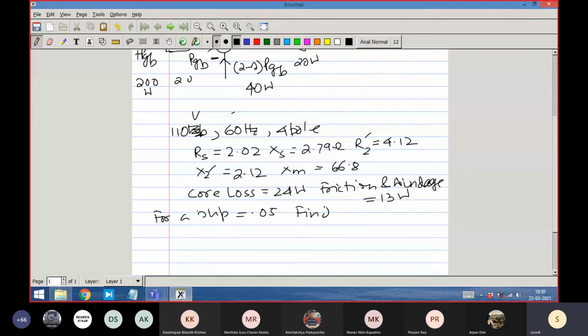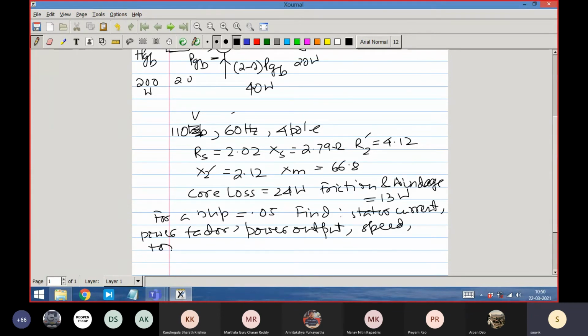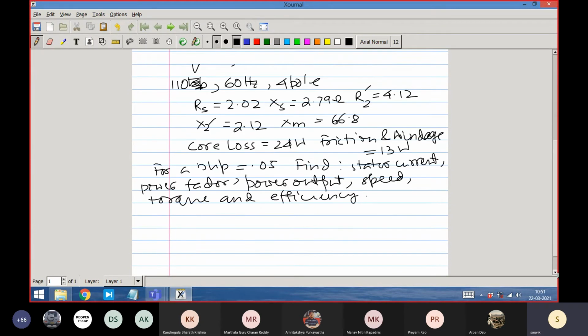Find all the things we used to do: stator current, power factor, power output, etc., etc. Speed, rotor speed, torque, all sorts of things, and efficiency if you want. All sorts of parameters as we had done for a three-phase machine, we would like to find that.